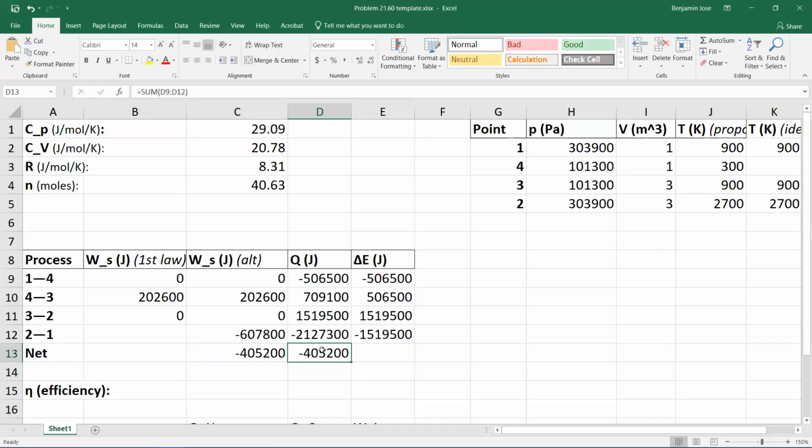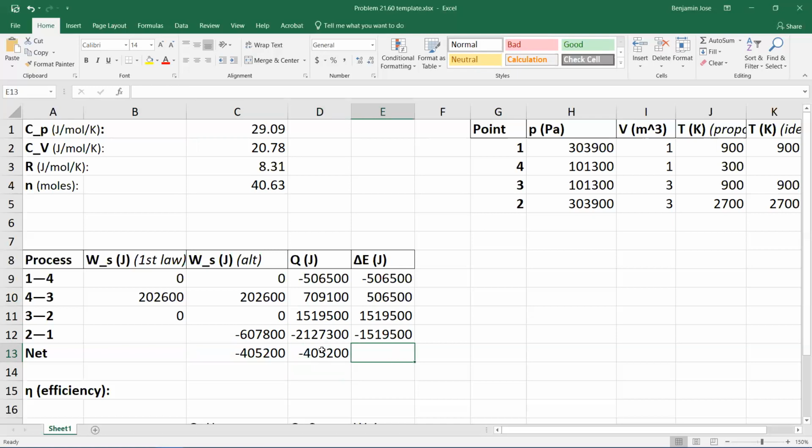So overall, the net flow of heat for one cycle is out of the gas. And that's another sign that we're not talking about a heat engine, right? Because a heat engine would have a net Q that was positive, because the whole point of a heat engine is to take up heat overall and transform some of it into work. So this is clearly not that.